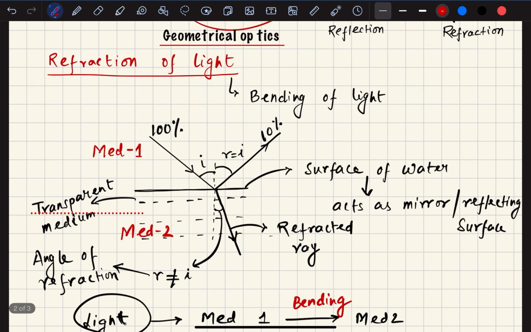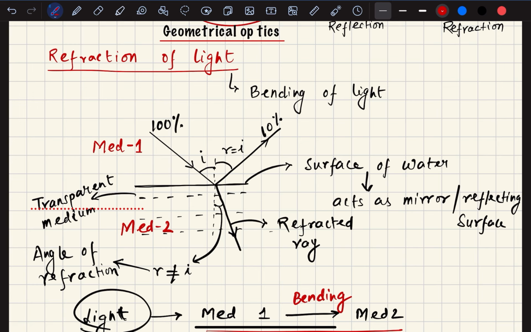I have already explained. Whenever light hits a transparent medium, light not only reflects, light also refracts. So here is a case where there is partially reflected and partially refracted.